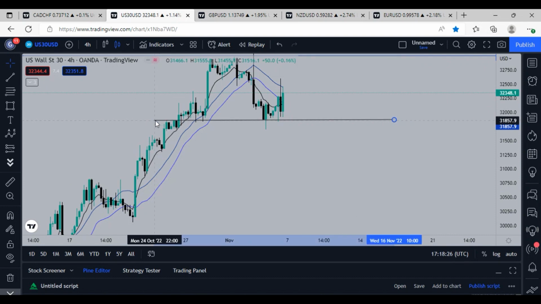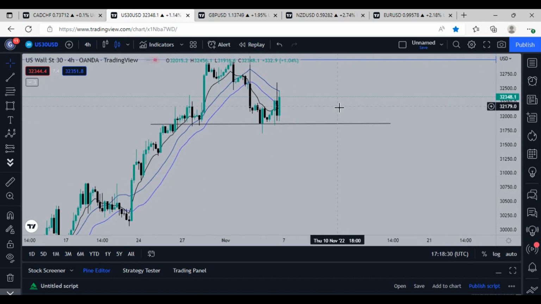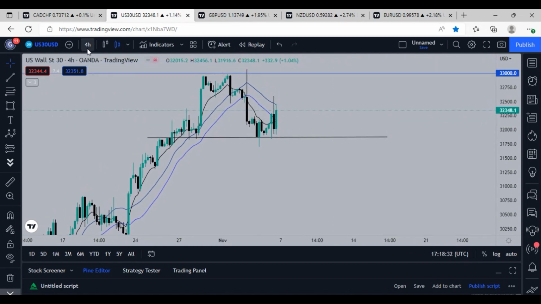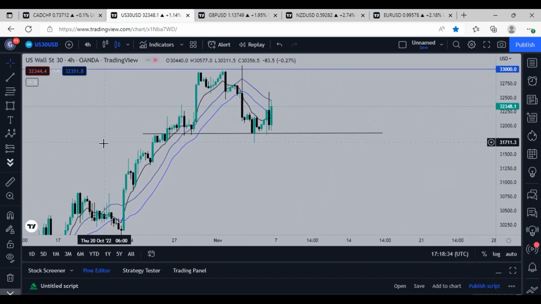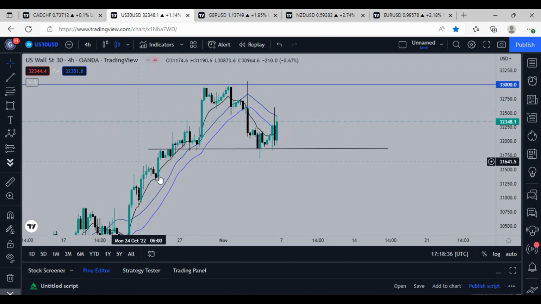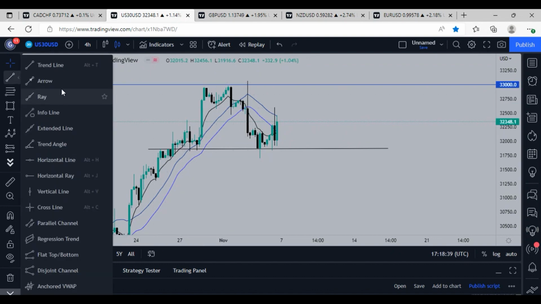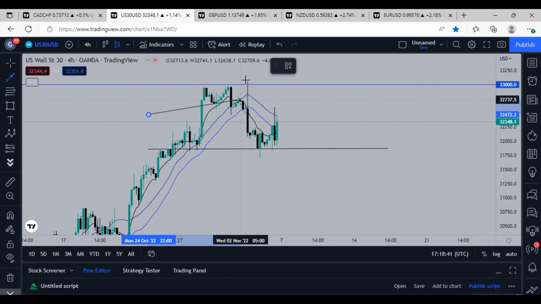Just to straighten that. Yeah, so this is going to be my 4 hour support, and price has respected, making lower lows, lower highs, lower low, lower high.